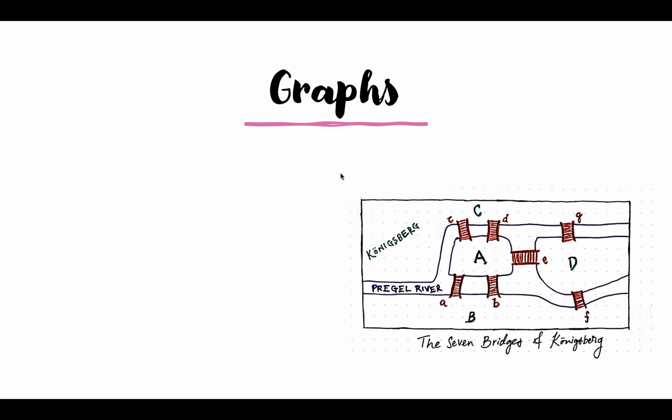This problem had been on the table for ages, and eventually in 1735, the Swiss mathematician Leonhard Euler, one of the founding figures of many different mathematical disciplines, presented the solution and solved it once and for all, and concluded that this is not possible.